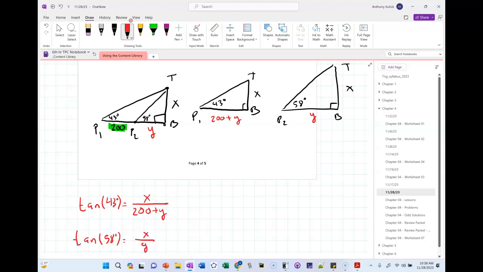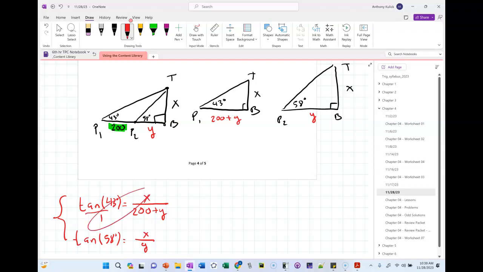I'm going to solve this system of two equations using substitution. I'm going to get each of these equations to equal x and then set them equal to each other.